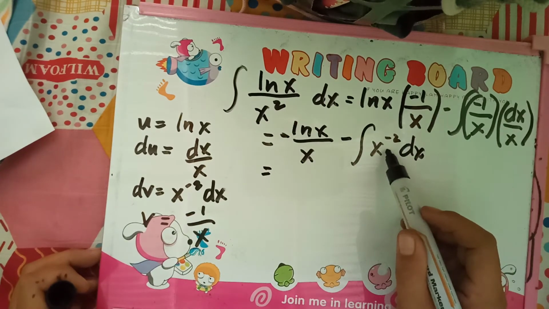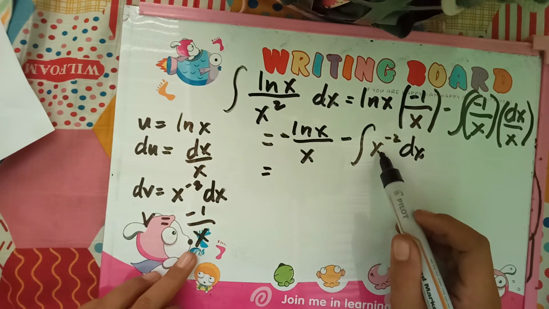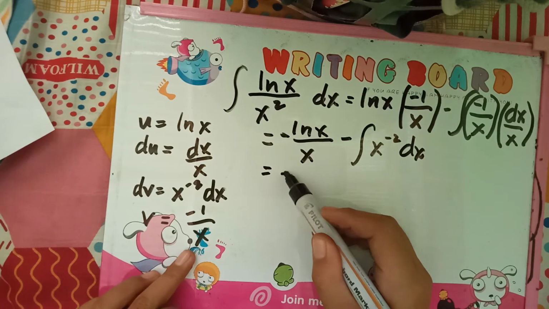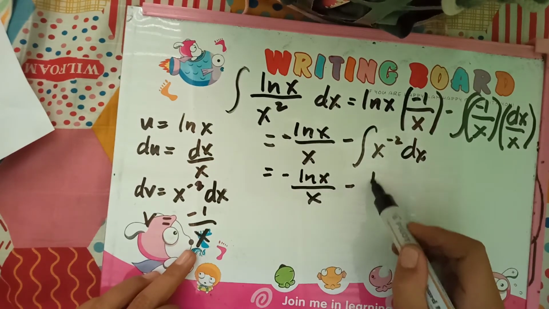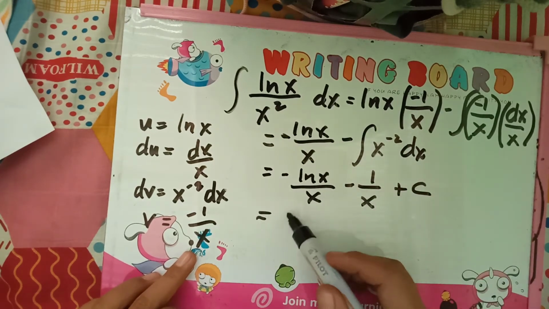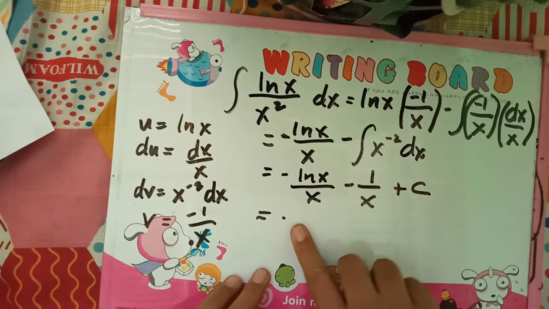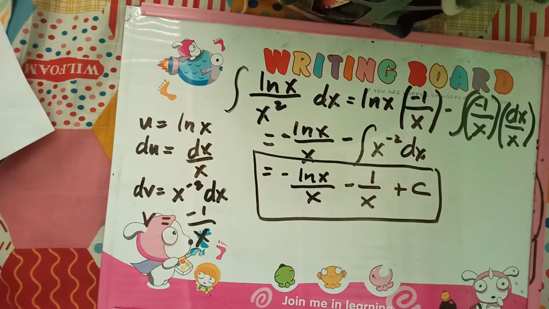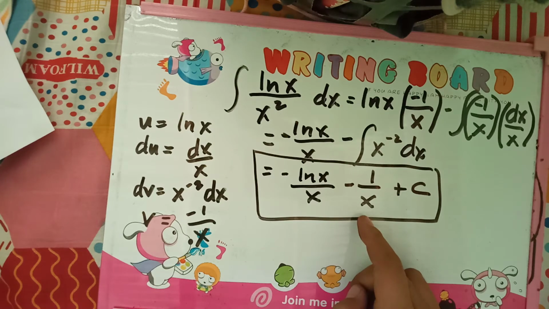Diba, ito, kapag in-integrate natin, magiging equal siya sa v. So, magkakaroon tayo nito. We'll have negative ln of x over x minus 1 over x plus c. Babalik lang din tayo doon. Tapos ito na yung sagot. Ayan. Negative ln of x over x minus 1 over x plus c.